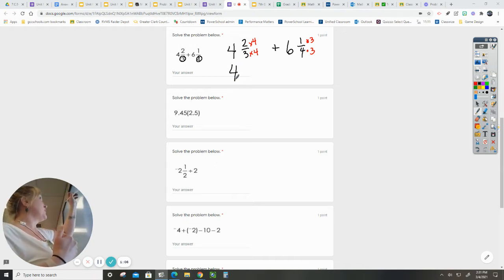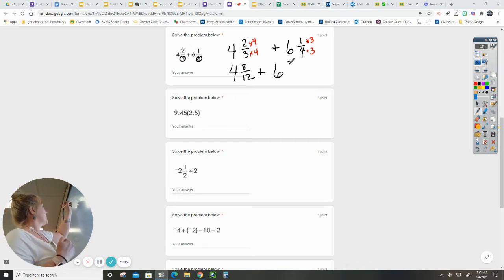And then bring down the 4. 2 times 4 is 8 over 12 plus 6. 3 times 1 is 3. 12. Now you can see that they have the same common denominator. And so I can just add them, which is fabulous.